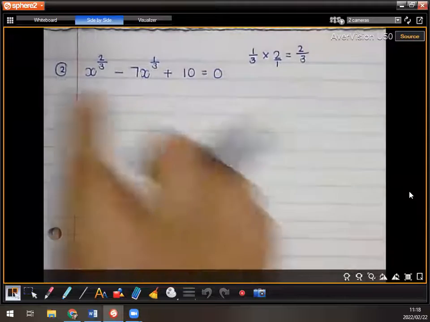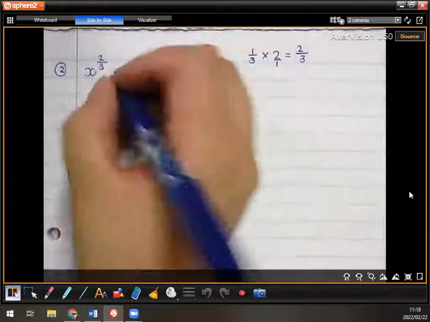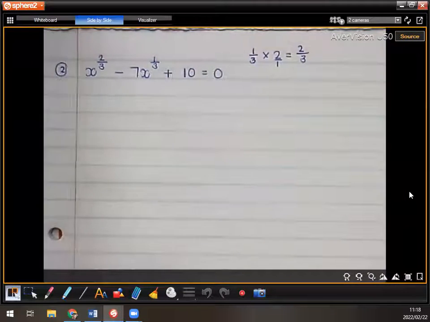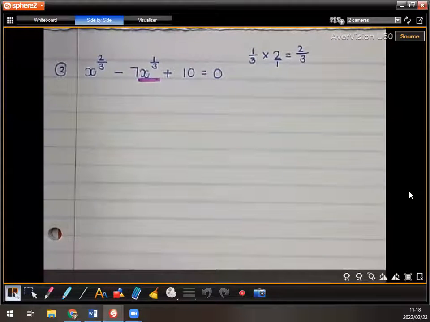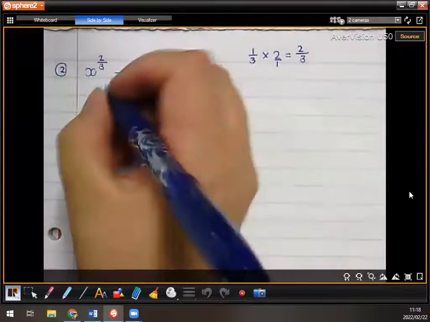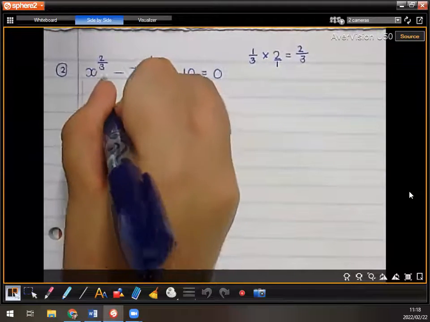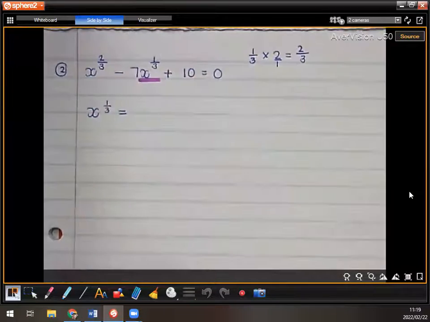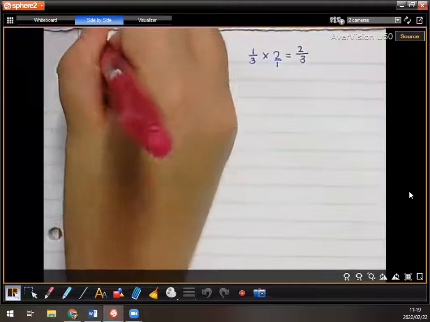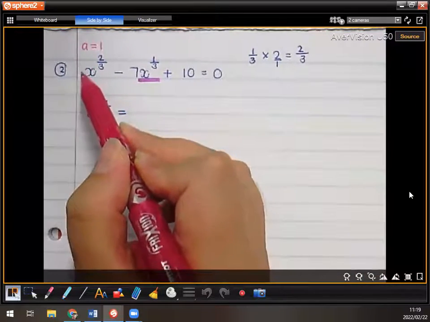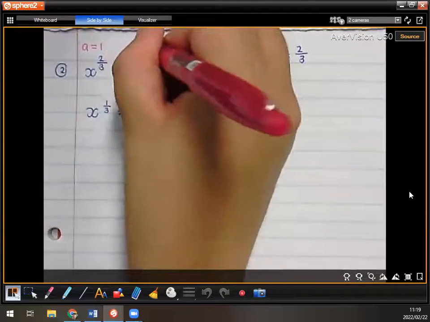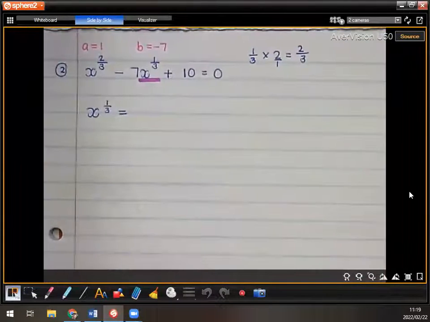Okay, so this is a trinomial. Now we're going to say, remember, we're going to use the middle term x. So we're going to say x to the power of 1 over 3, not just x. Just write my a, b, and c values. We got a is 1. b is negative 7.